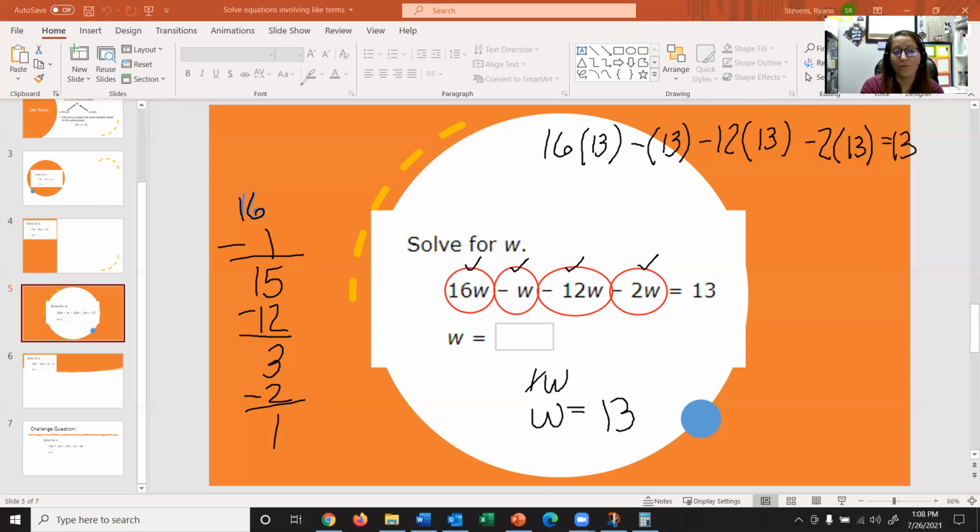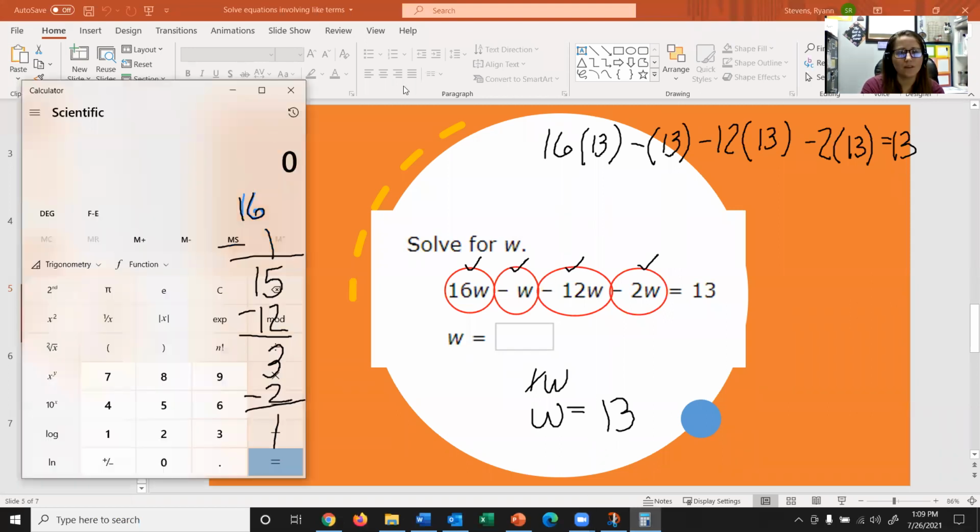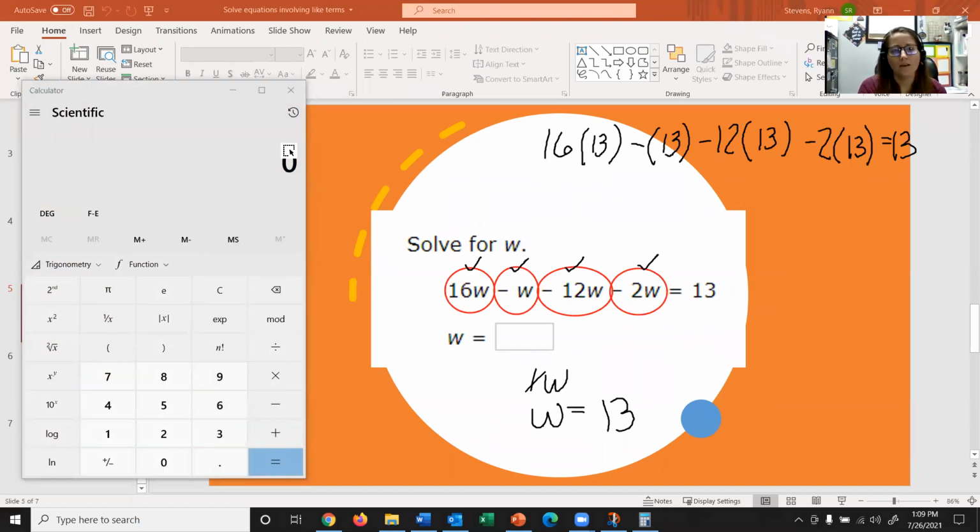And I'll pull up the calculator so that we can check this. So in this case, we're going to multiply first. So 16 times 13 will give us 208 here. And then in this case, we're just going to subtract 13.